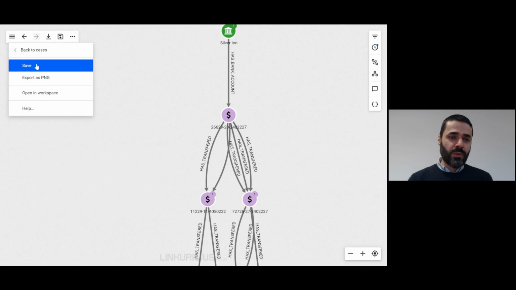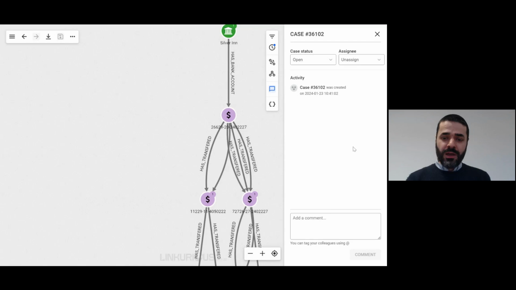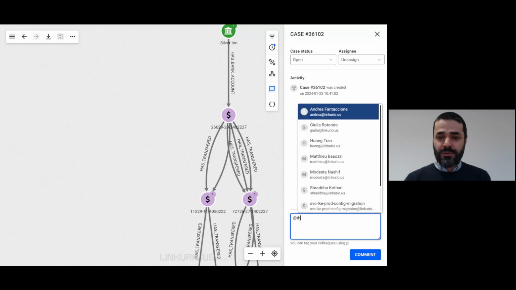At this point, we have different ways to report back on that. We can save the visualization first. We can also add some comments to the case that we've opened. Typing here, we can also mention colleagues in this part of the interface.